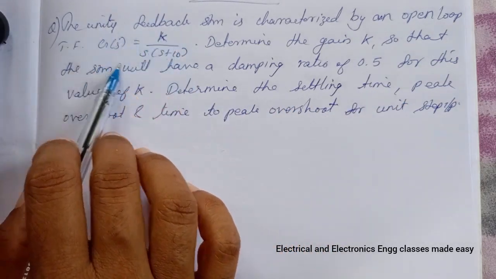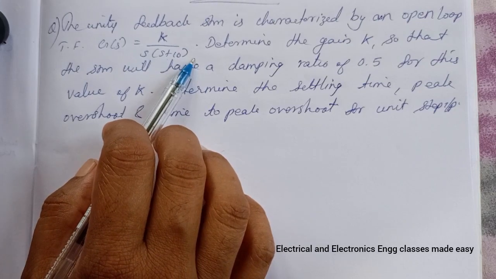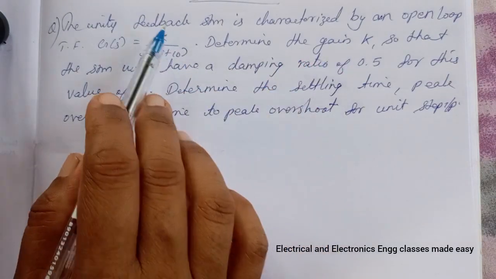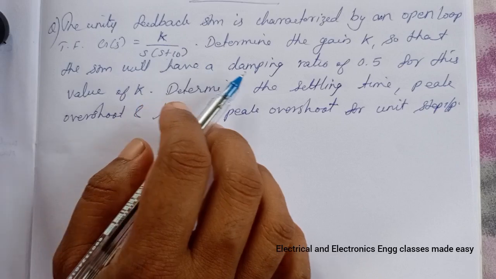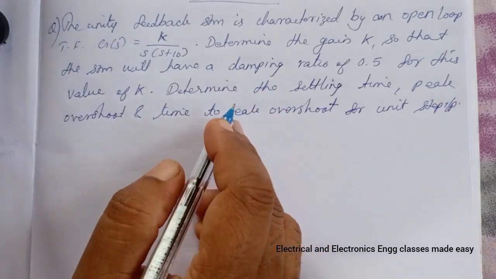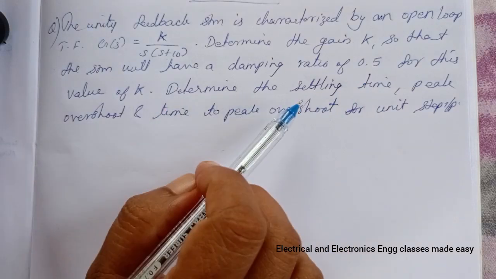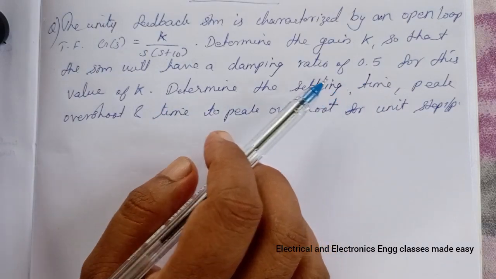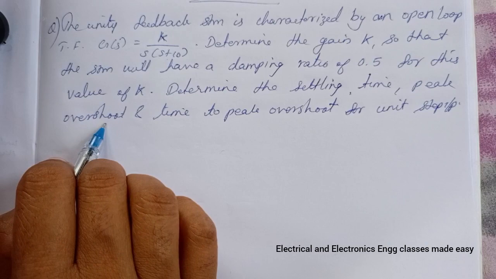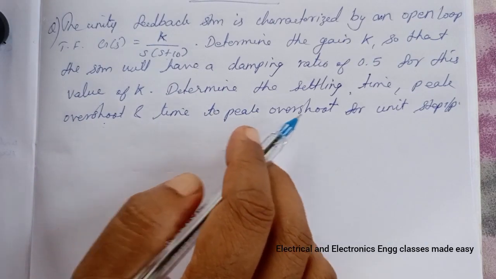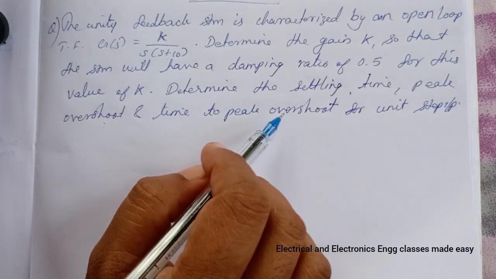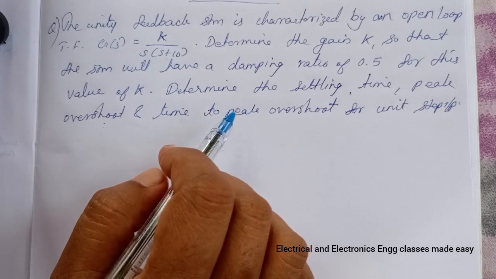So this is the given open loop system, and we have to find the value of K, and the damping ratio zeta is given as 0.5, and we have to find settling time, then peak overshoot, then time to peak overshoot. Time to peak overshoot means peak time.